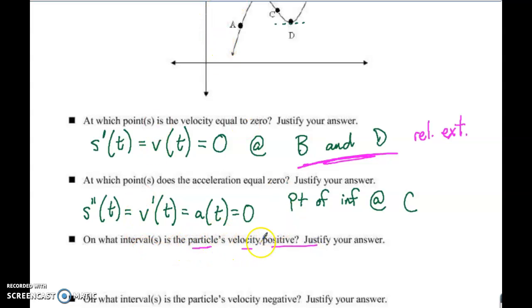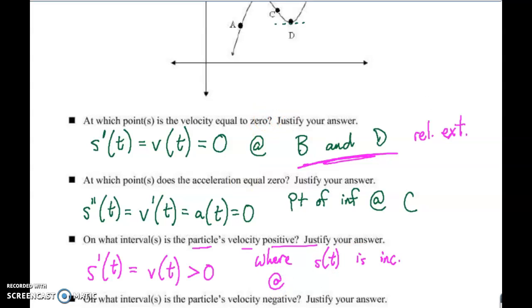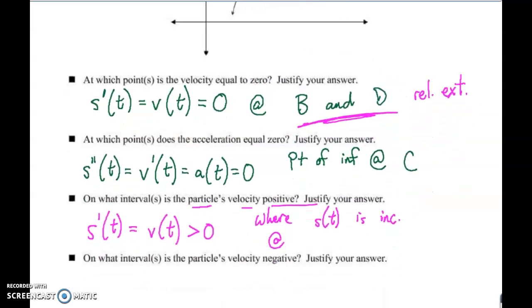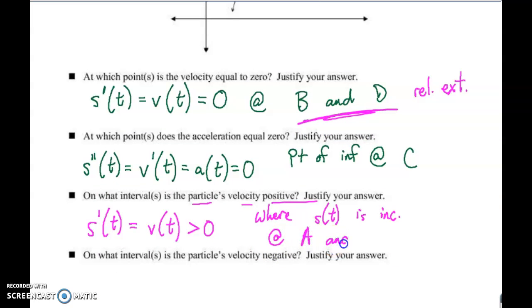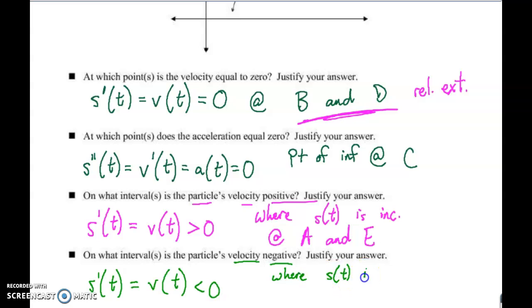Well, if we're examining where the velocity is positive, that's the first derivative again, is equal to velocity, and we want that to be positive, so we want where the function S of t is increasing, and I would say that is at points A and E. And likewise, when we look at the velocity being negative, really the same reasons, S prime of t, V of t, but now we want that to be less than 0, where S of t is decreasing. I would argue that that is at point C only.